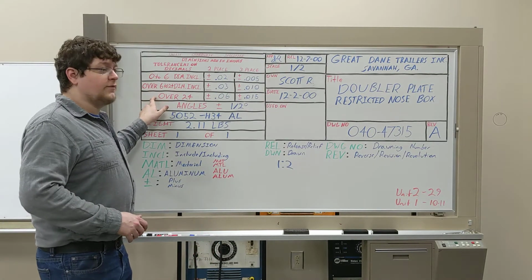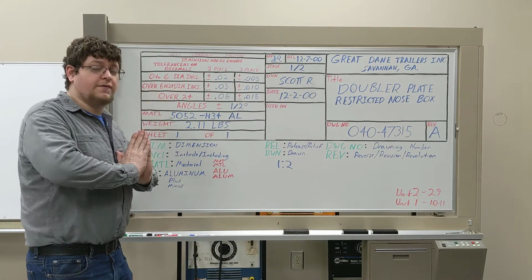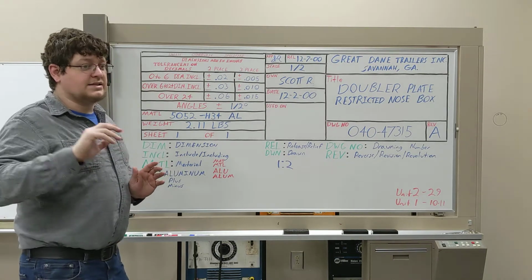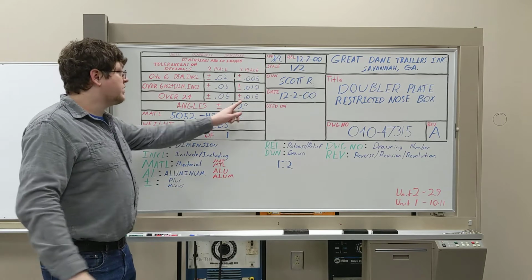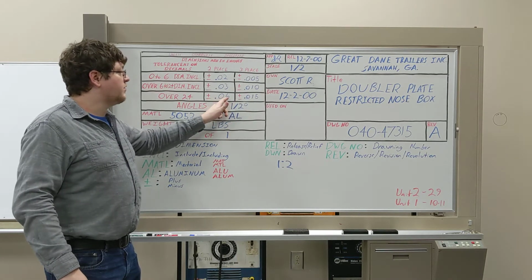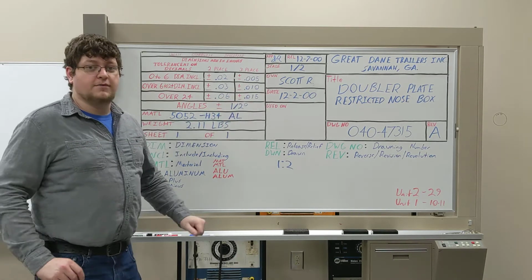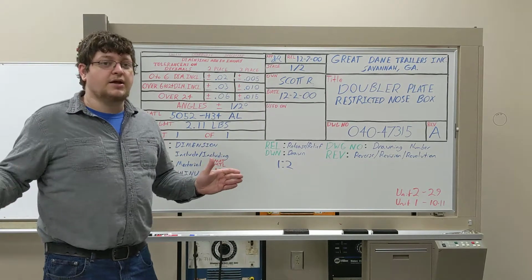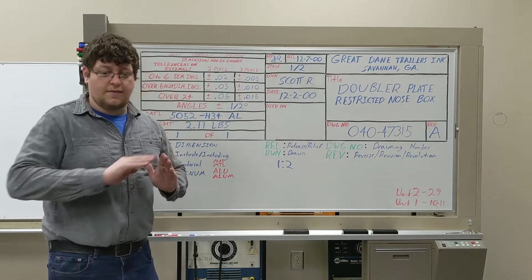If you're over 24 inches, so 2 feet and beyond, so if it's 18 feet long, you still only have a play room of either 0.06 or 0.015. That is important to know. It doesn't just keep scaling up. They say if it's over 24 inches, that's it.